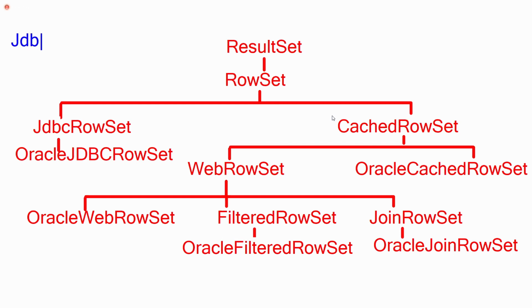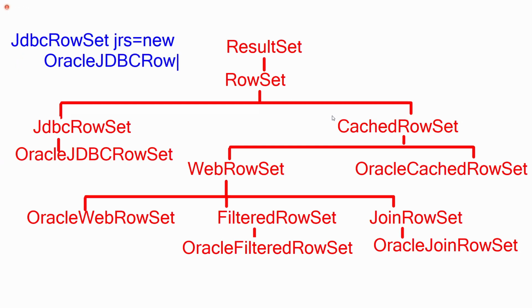Suppose if I write like this, is it valid or not valid? Give me the answer. Is it valid or not valid? Valid? Sure. Which class object is created? OracleJDBCRowSet.